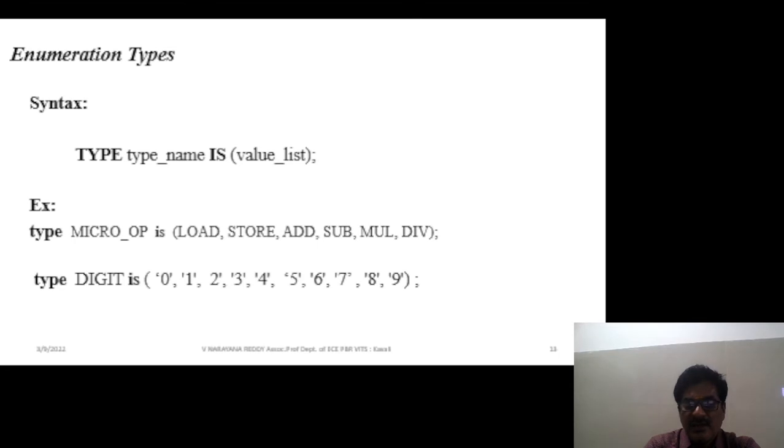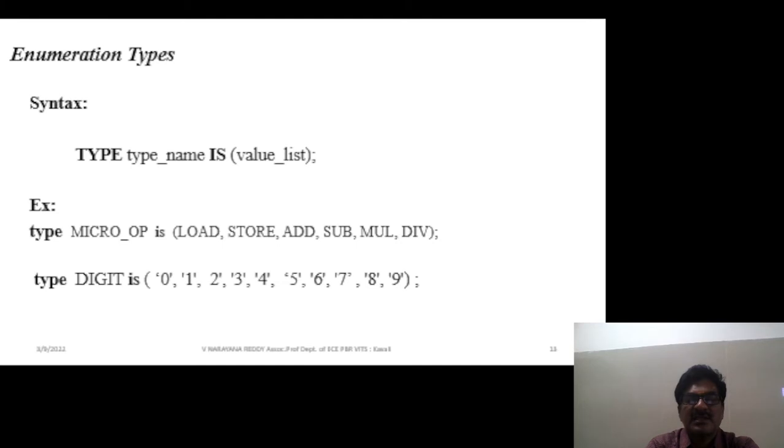But here a subtype declaration is also there. Suppose out of these 10 different values 0 to 9, I want to accept only 3 to 5, or 4 to 5, or 2 to 7. That is, a sub range within the given range.